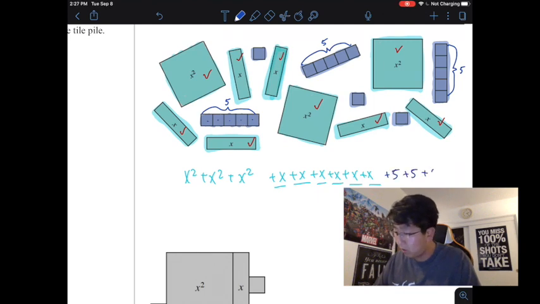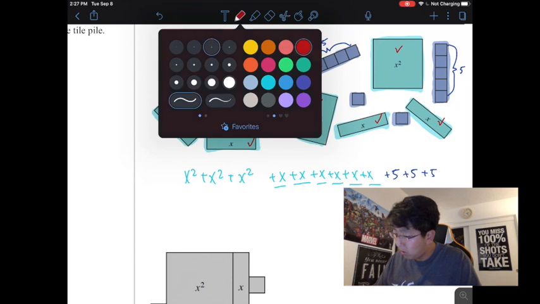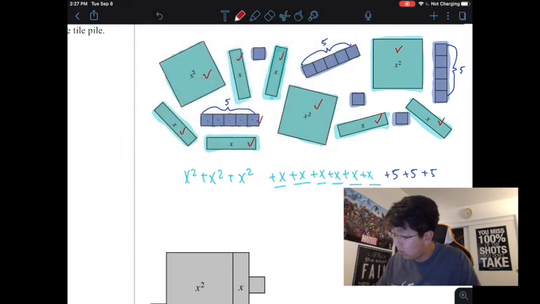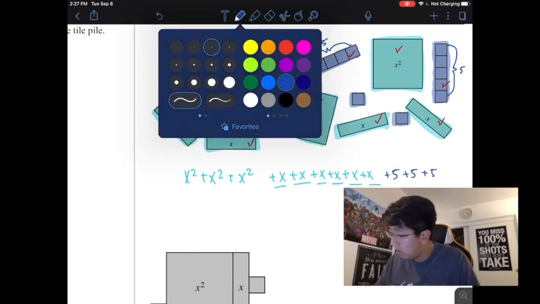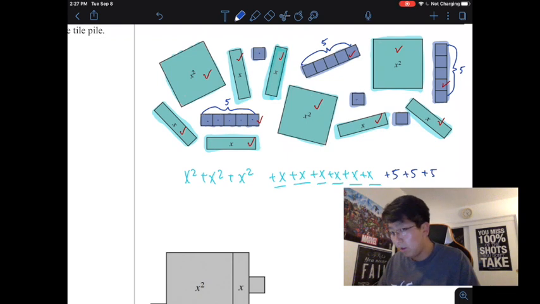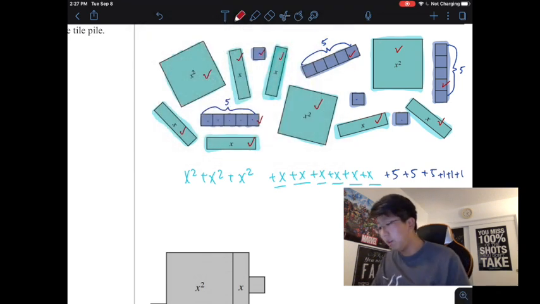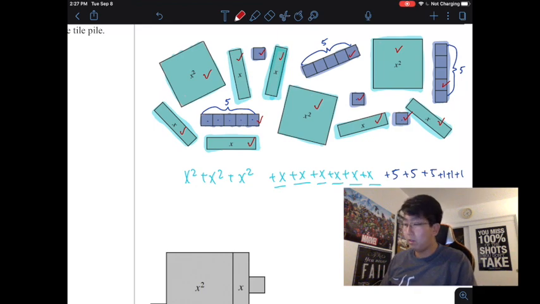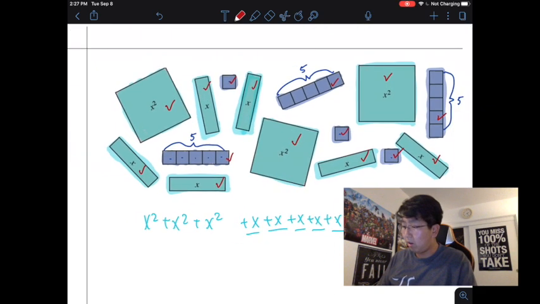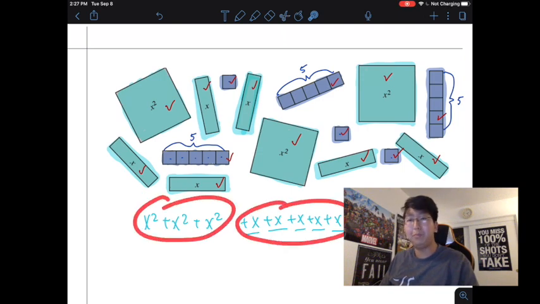I'm going to put red check marks on those. 1, 2, 3. And then I can go ahead and add 1 here. Plus 1, plus 1, plus 1. Go ahead and mark those. 1, 2, 3. Notice I have a check mark on every single one of these shapes because they are all counted for here. All the x squares, all the x's, and then all the unit tiles.